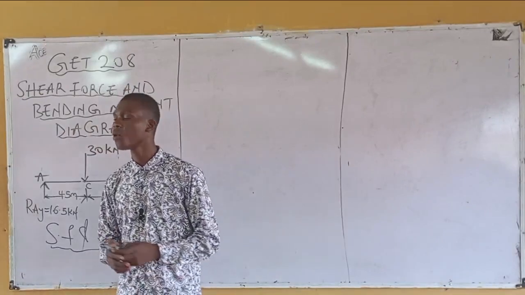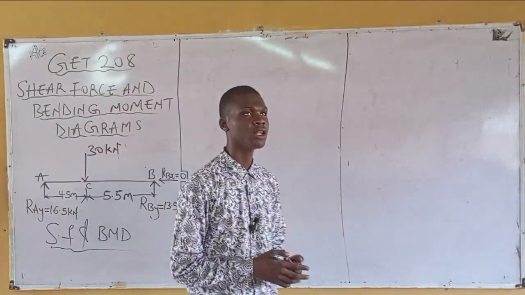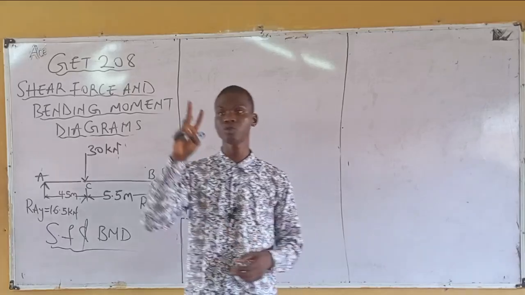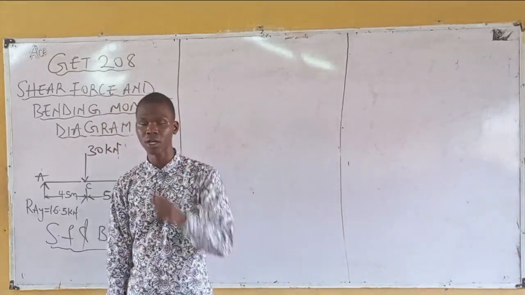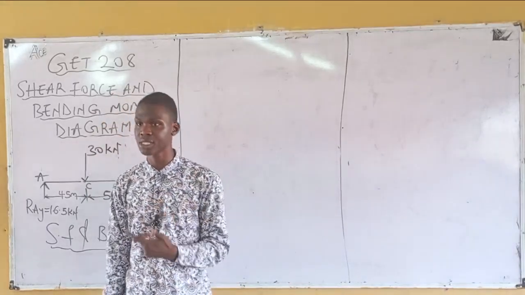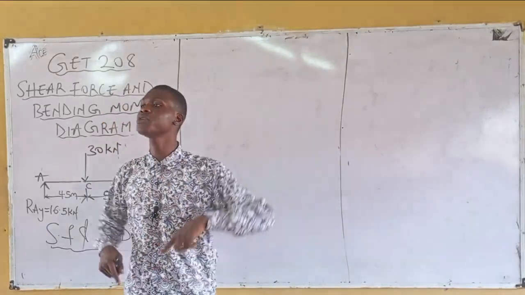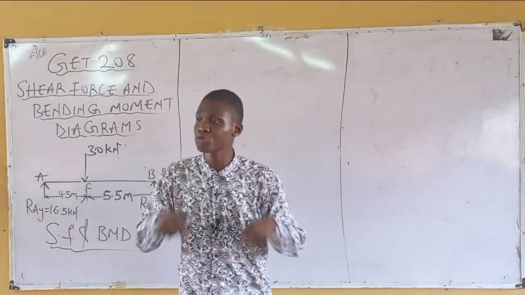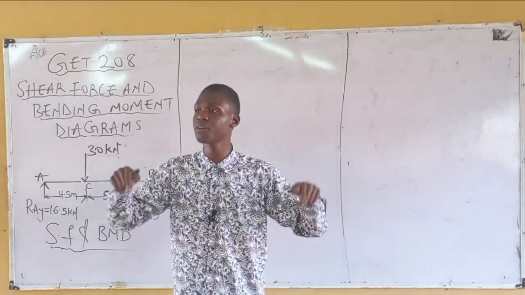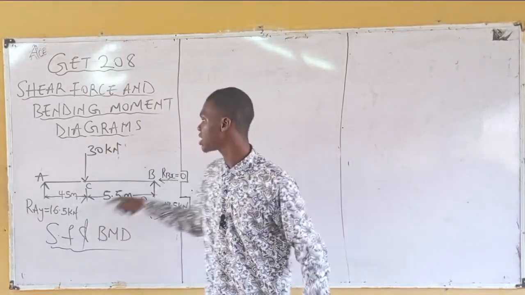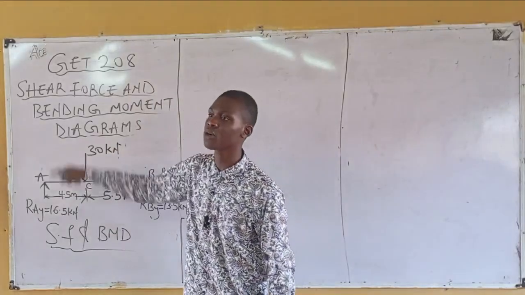I said when calculating shear force value, you calculate shear force value twice. How do you get the first value? The algebraic sum of forces behind a particular point you want to calculate shear force value. We said shear force is calculated at each point on our beam.